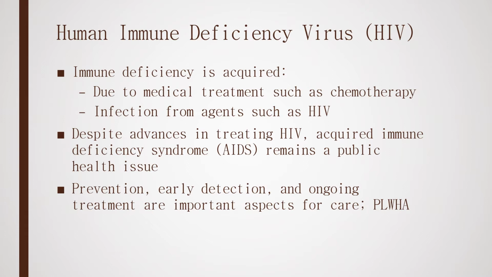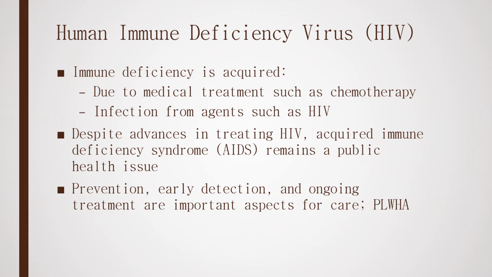Advances have been made in treating HIV infection and acquired immunodeficiency syndrome, or AIDS. However, AIDS remains a critical public health issue in communities across the country and around the world.